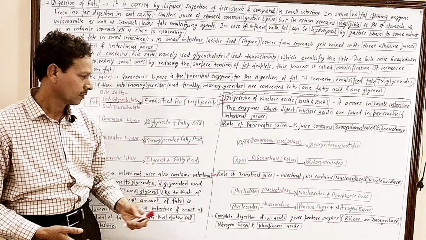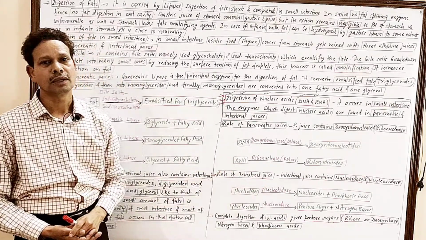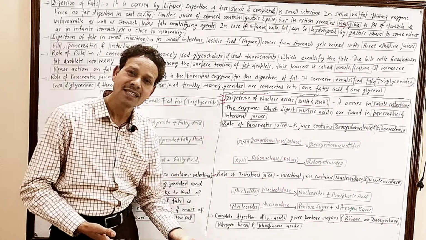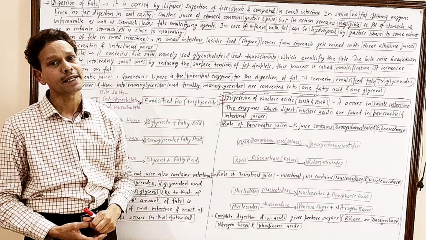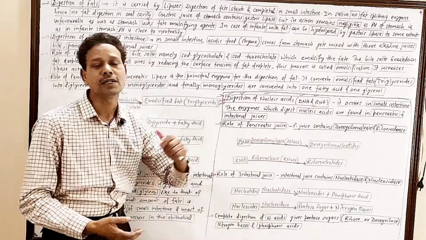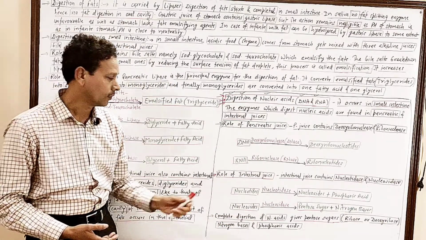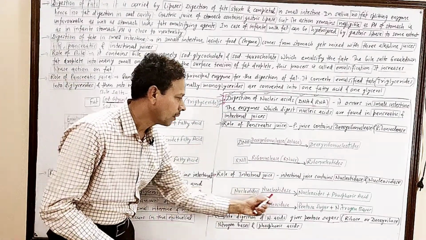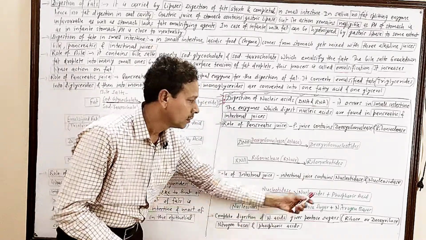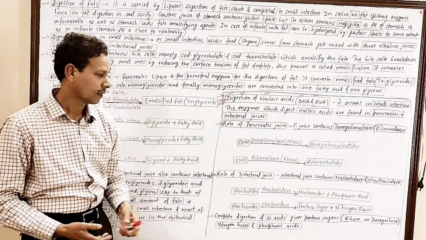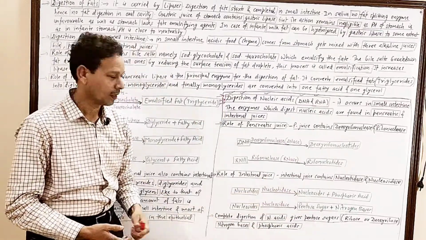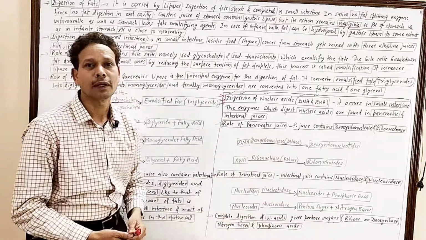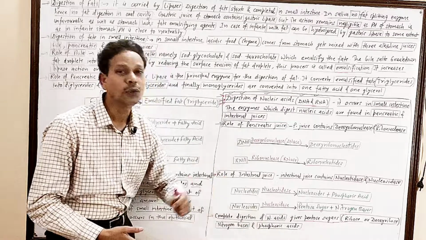ribonucleotides. And the role of intestinal juice. This intestinal juice also contains two enzymes, nucleotidases and, dear students, nucleosidases. It means the nucleotides of DNA and RNA, in the presence of nucleotidase enzyme, are converted into nucleosides and phosphoric acid, and this nucleoside is further converted into nitrogen base and pentose sugar, and it is carried out by nucleosidases.